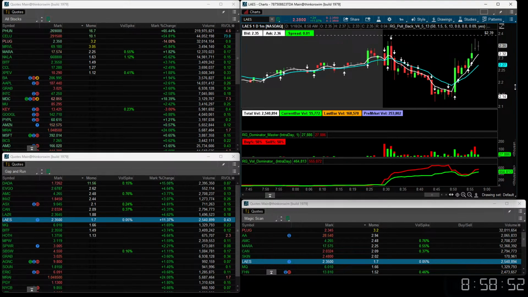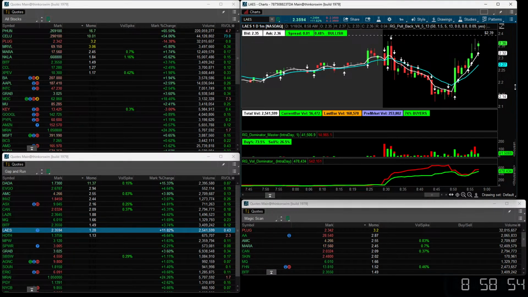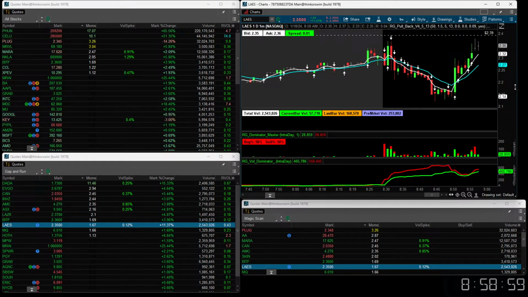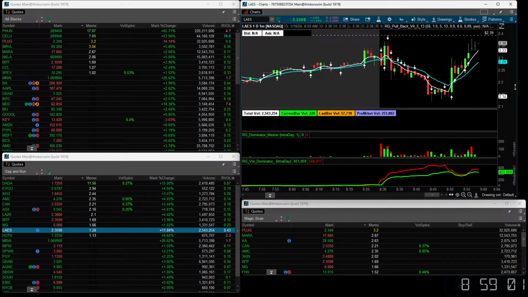So in order for me to play this stock, it needs to break 239, retest 239, and continue the run up. Otherwise, it's going to bounce around below 239.